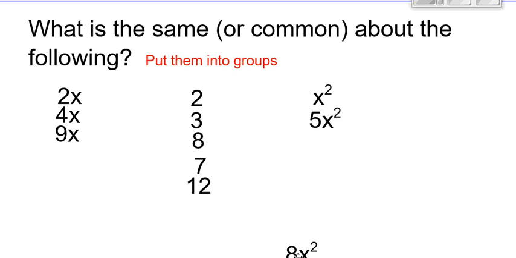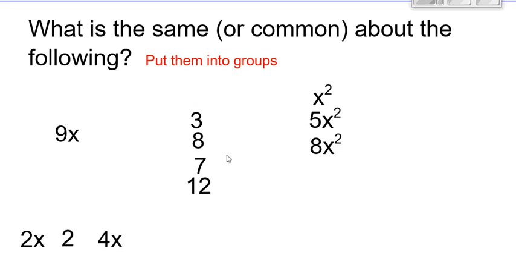I can also group by multiples, for example. So 2, 4, 8, 12. I'm grouping my common numbers here. 2, 4, 8, 12 are all divisible by 2 or by 4. They're all also even numbers.